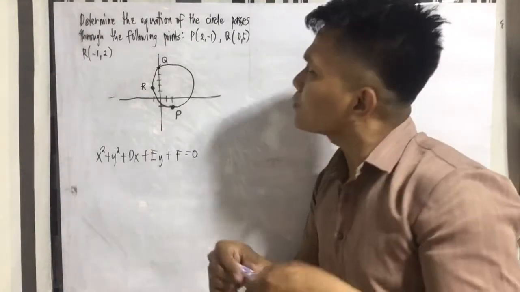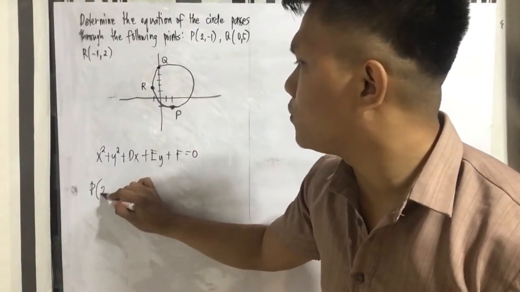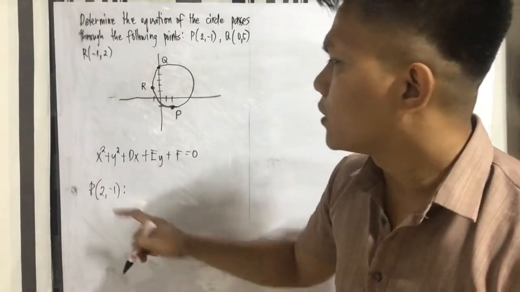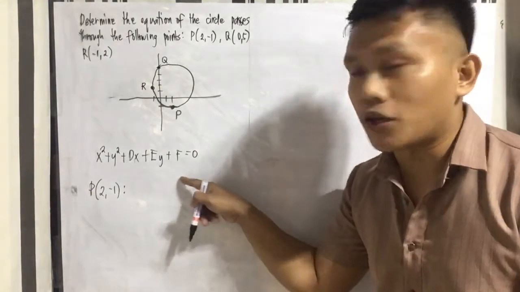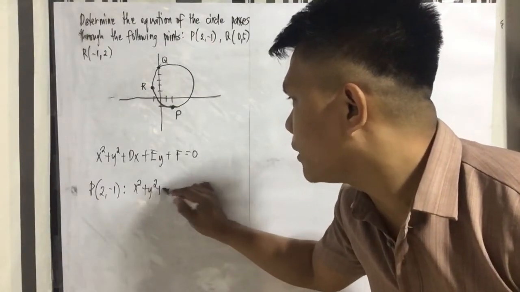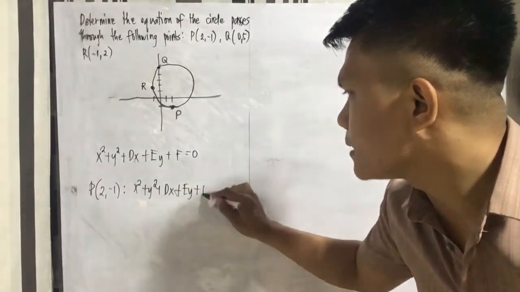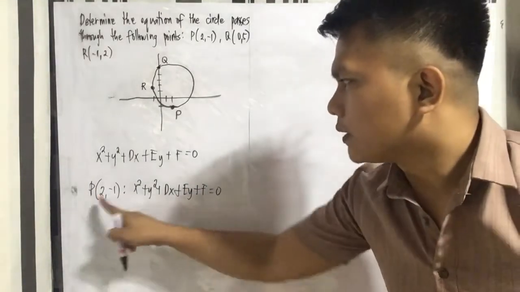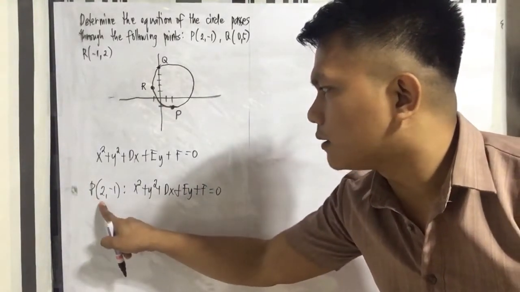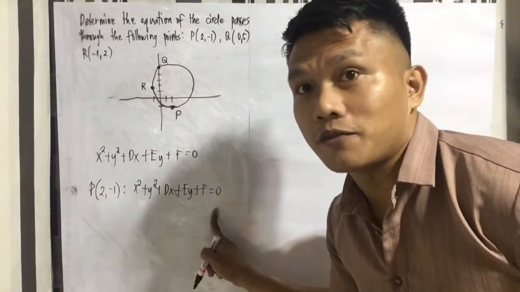Let's try it. Let us take point P, which is (2, -1). Using the general form x squared plus y squared plus dx plus ey plus f equals 0, let us substitute the values of x and y.